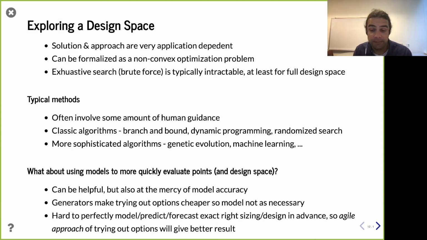Or tons of machine learning algorithms, gradient descent-like approaches, simulated annealing-like approaches, right? All these different algorithms. But the point is, they are trying to intelligently explore the design space, because exhaustive search is not possible. Somehow you're going to go through a subset of the points, learn something about it, and pick the right thing.